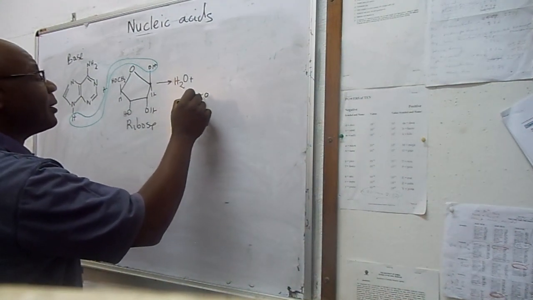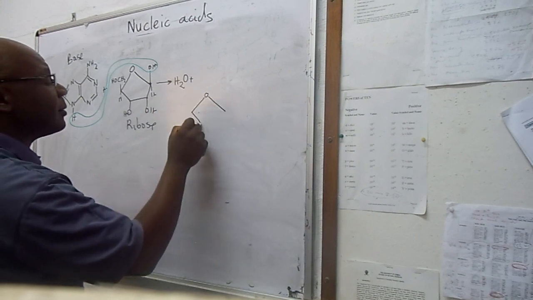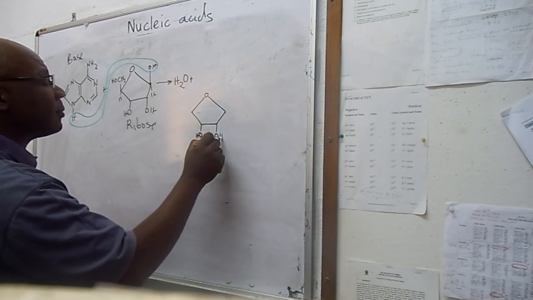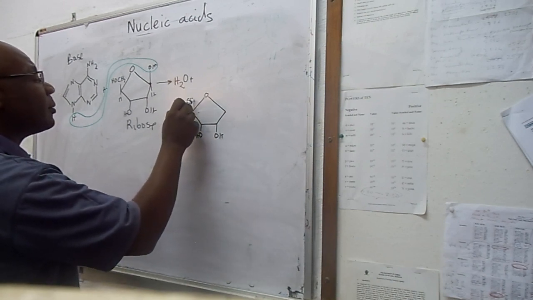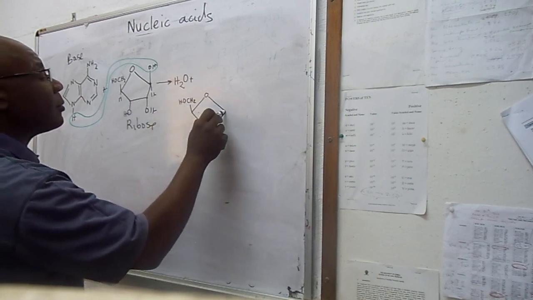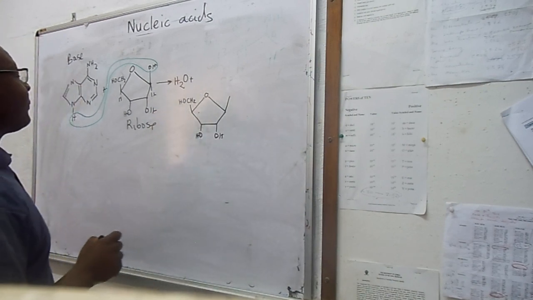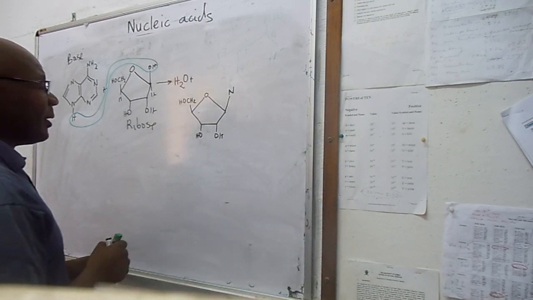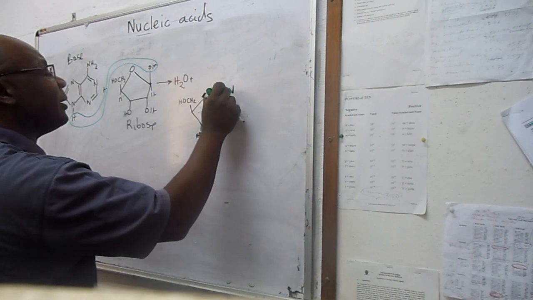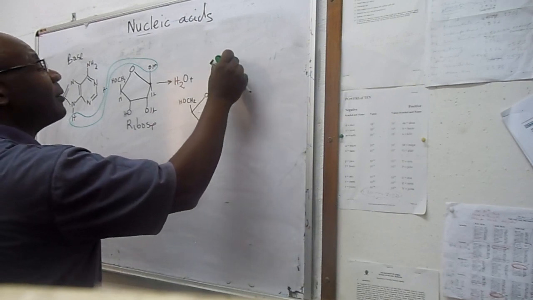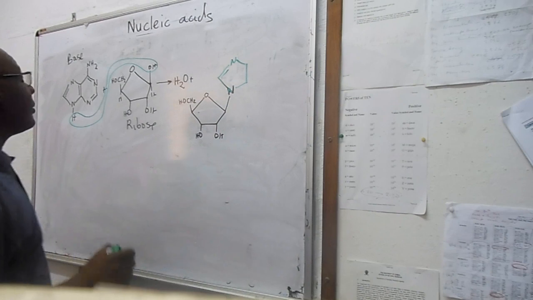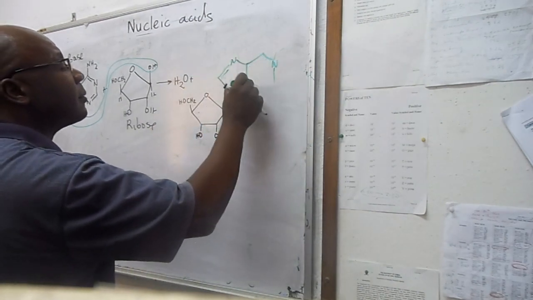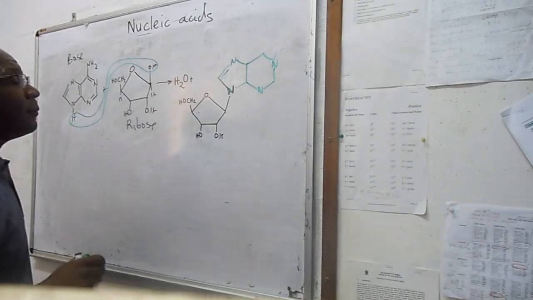So I'm writing the product here. I have this nitrogen here. I will write it in a different color for the sake of clarity.